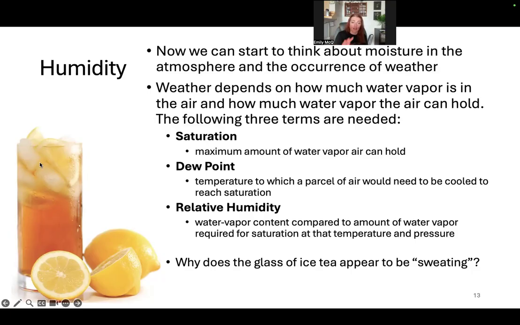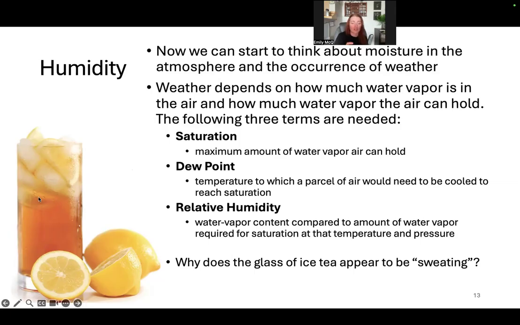The liquid in the glass is so much cooler than the atmosphere you are in that the interaction between the temperature of this glass and the temperature of the atmosphere hits a dew point. And this dew point forms condensation on the outside of your glass from the water in the atmosphere, not from inside the glass.